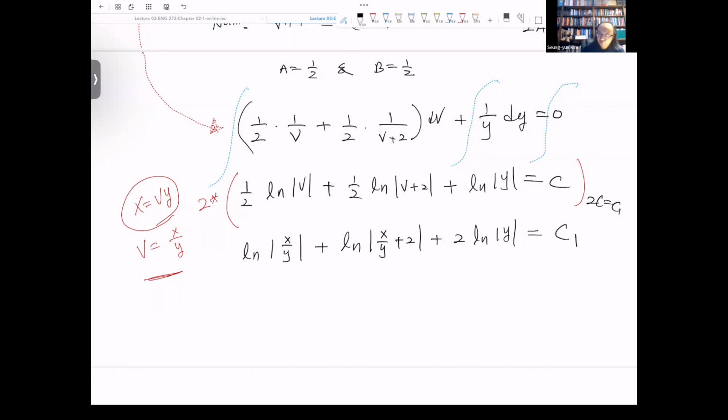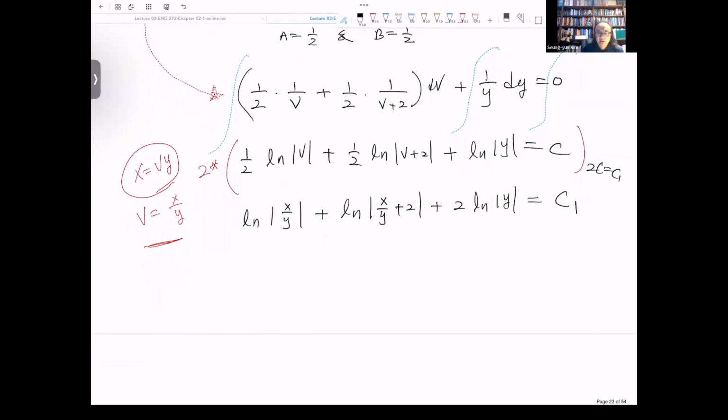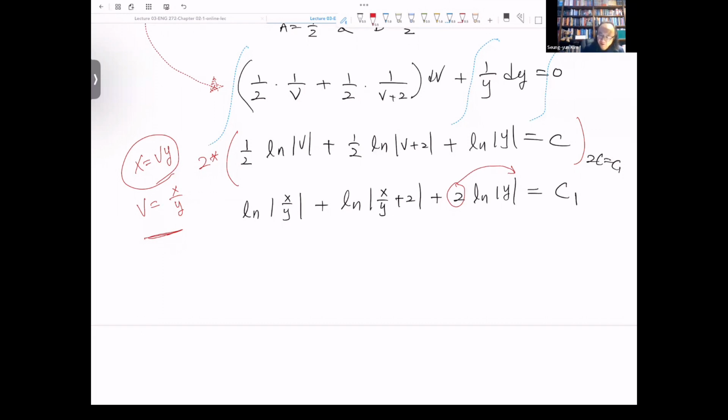Now, we need to combine all these ln terms. One of you asked me about this, the power. So I went over the log properties last time. So this 2 is going to go up as a power, and they are all ln and additions. If we combine them, they're going to be all multiplications.